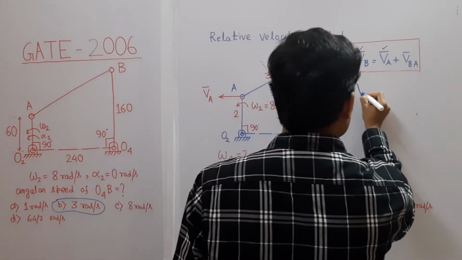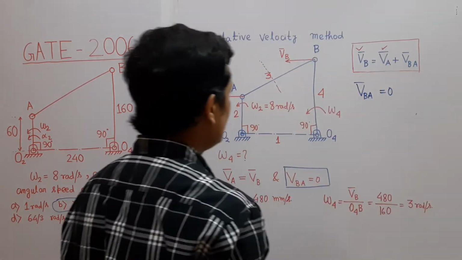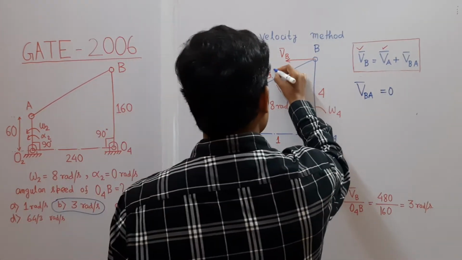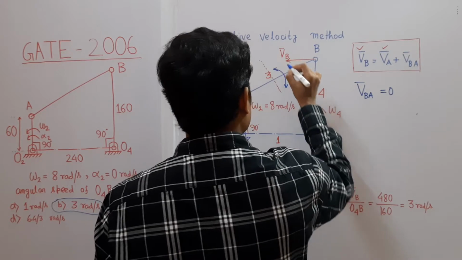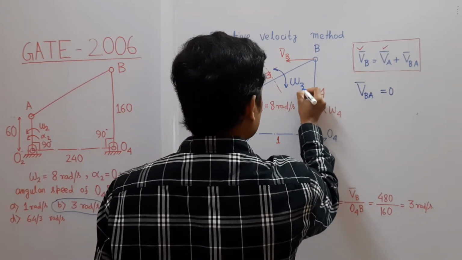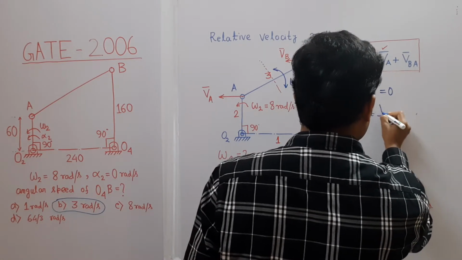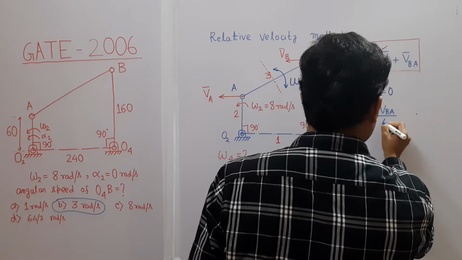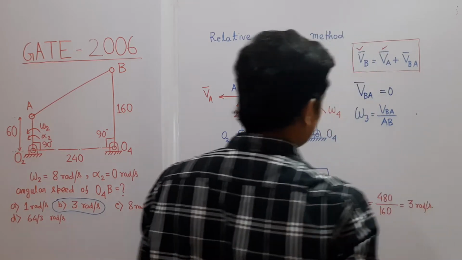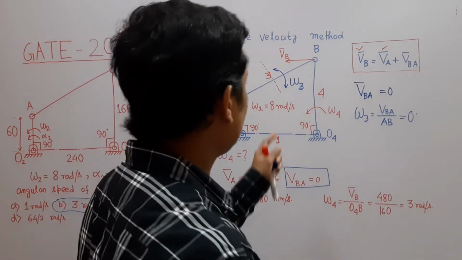If Vba is 0, then what is the angular speed of link number 3? Say the angular speed of link number 3 is omega 3. So omega 3 equals Vba by AB. So omega 3 becomes 0. At this instant omega 3 becomes 0.